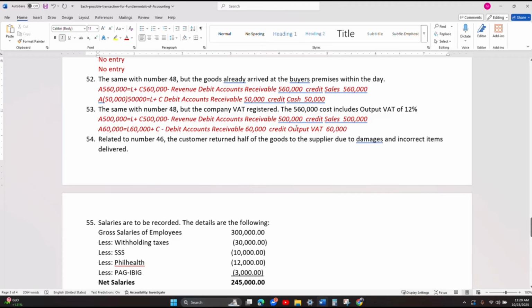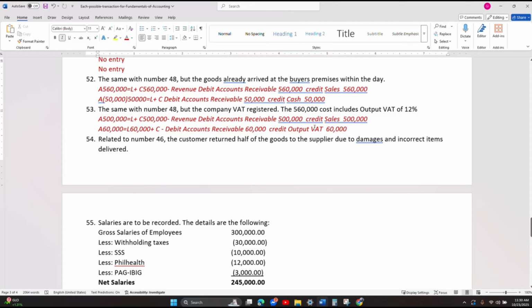Okay? In the books or other authors, they are making this only one entry. They're going to debit one accounts receivable, but it's already 500 plus 60, 560. And then credit sales 500,000, and then another credit output VAT. It's okay. So I am just making this a little bit simpler than that.